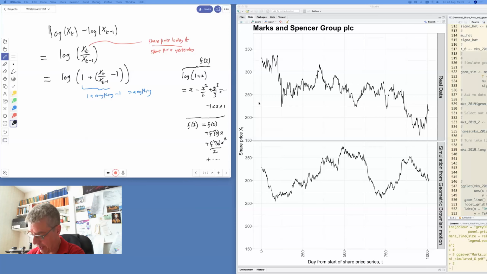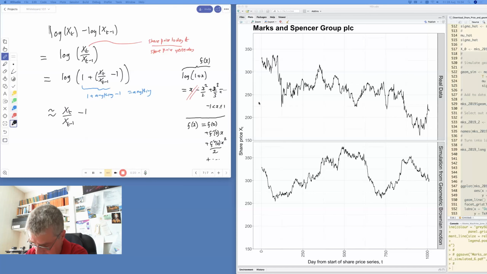So the upshot of that is that I can approximate log 1 plus something as just the something itself. I can cut off the Taylor series here to get an approximation, and I can approximate this as xt over xt minus 1 minus 1.